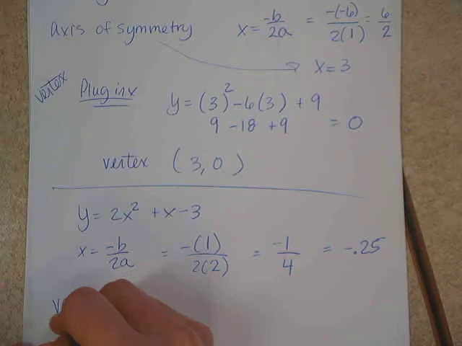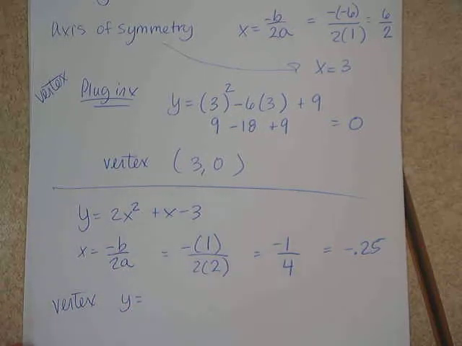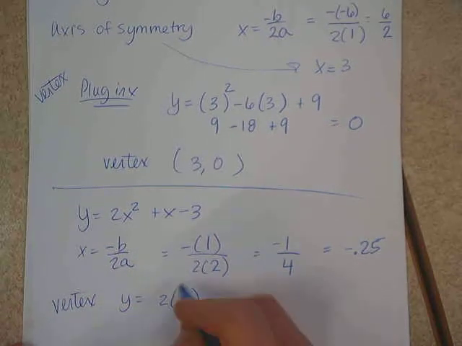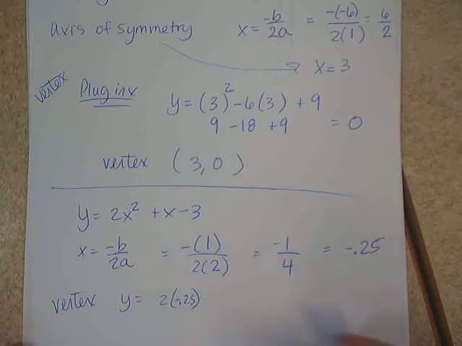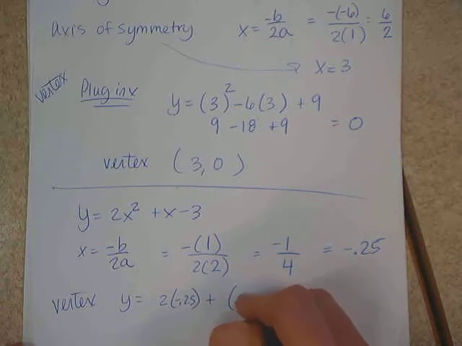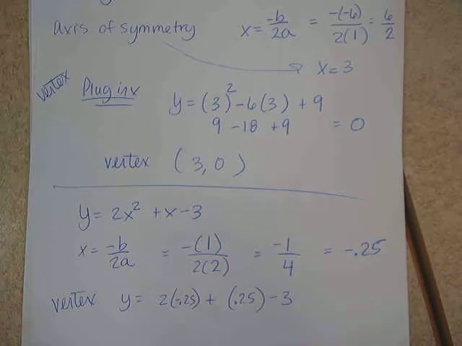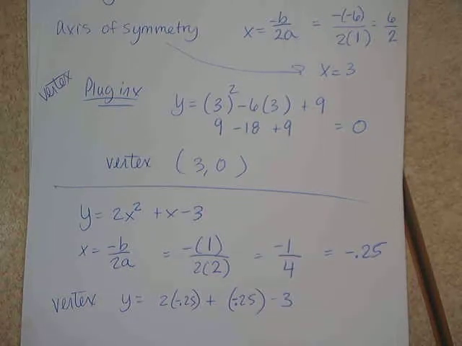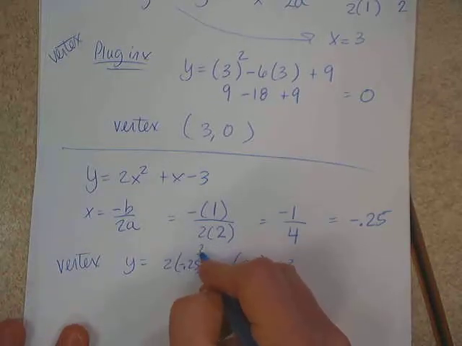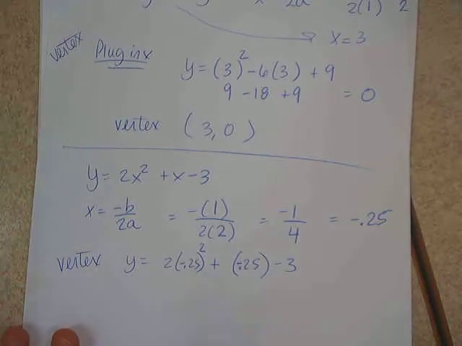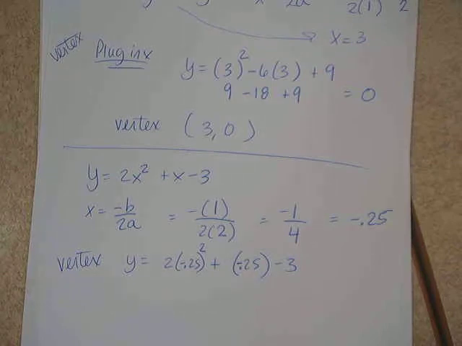And this is where if you get a fraction or a decimal for x, you may want the help of your calculator, but only do one term at a time still. Okay, you don't want to mess up by trying to plug it all in. Most calculators don't like that. So the vertex, we still need to find y. So we're going to do 2 parentheses negative 0.25 plus 0.25 minus 3. Or negative, sorry, that should be negative.